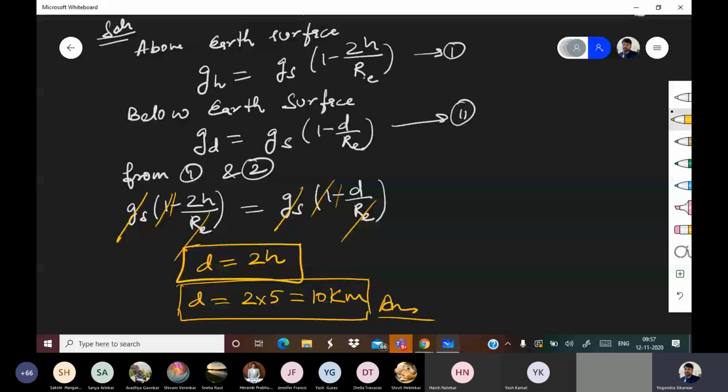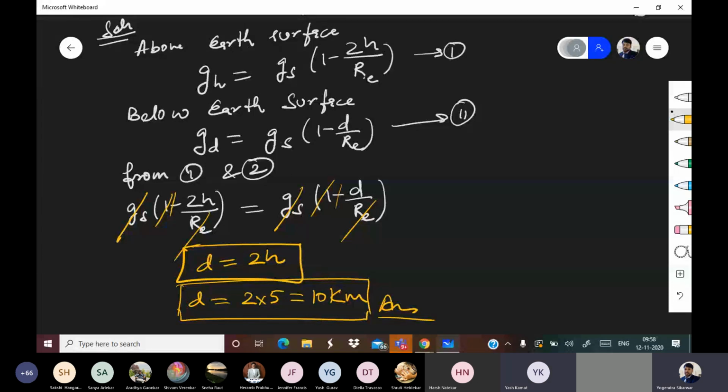So G_d is equal to G_s into (1 minus d upon R_E). Because you are using only one formula, where you are supposed to compare between height and depth. In this question you are talking only about depth. You are not talking about height. Where have you compared this depth value with the height value?